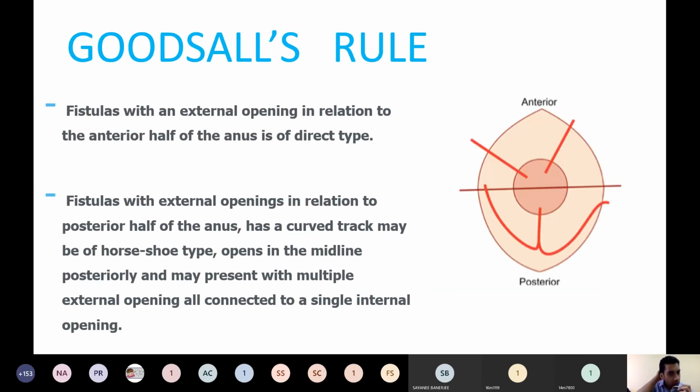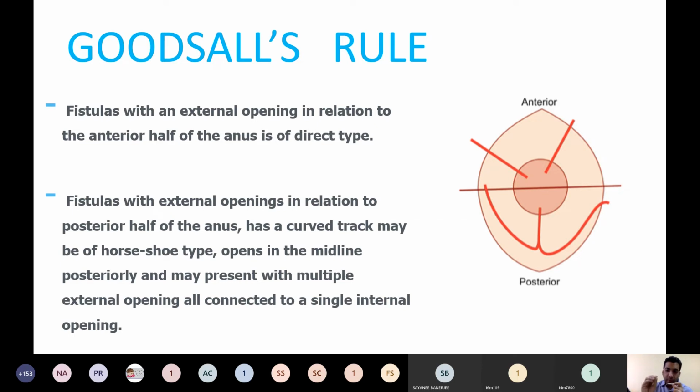See the Goodsall rule. Basically what it says is, once the patient is placed in lithotomy position, we assign positions to the anal canal based on the dial of a clock. The anterior part will become the 12 o'clock position. It is all assigned based on the dial of your clock.